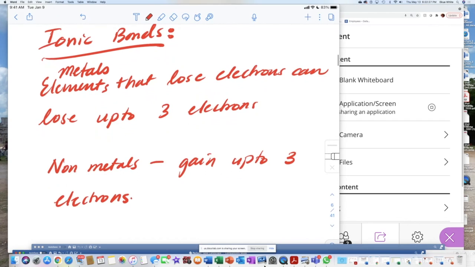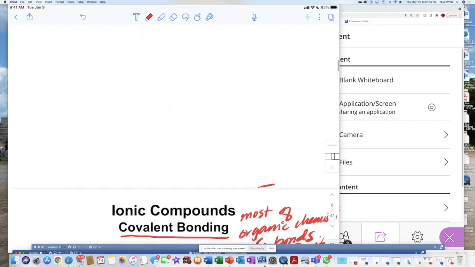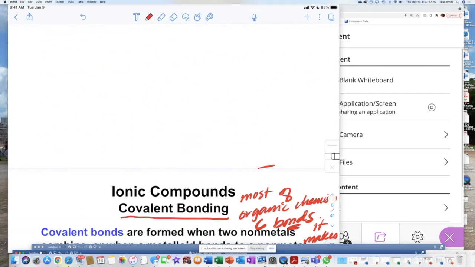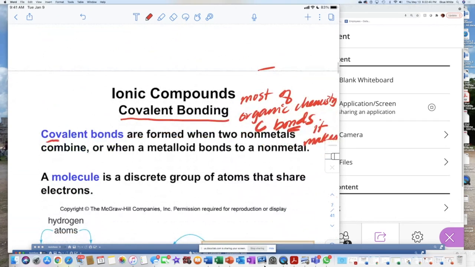And so down the road, we'll come back and revisit this concept. But for right now, we're looking at the different types of bonding in general. If an element can neither gain 3 nor lose 3, then the only thing that element can do is share electrons. So now we're bringing in covalent bonds. Covalent bonds are formed when two nonmetals combine or when a metalloid, remember the metalloids are the elements on the border, forms a bond with a nonmetal, okay?